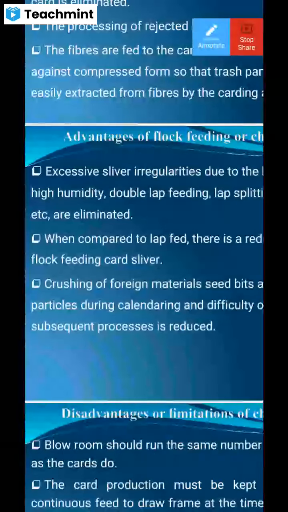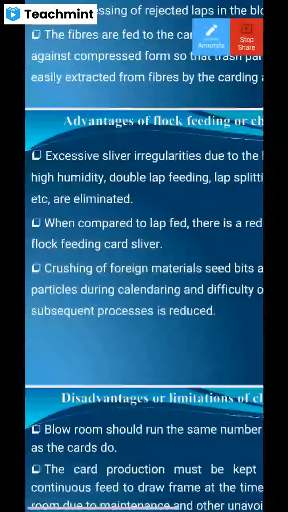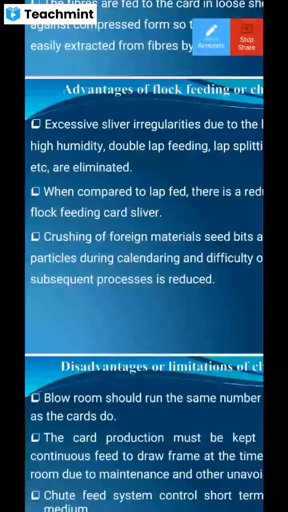Then compared to the lap feed, there is a reduction of 1% CV in the flock feeding sliver. 1% CV is excellent. Below 1% is much more excellent. So we avoid the manual feeding; automatic machine feeding results in very minimum coefficient of variation of weight per yard, or weight per unit length of the material.